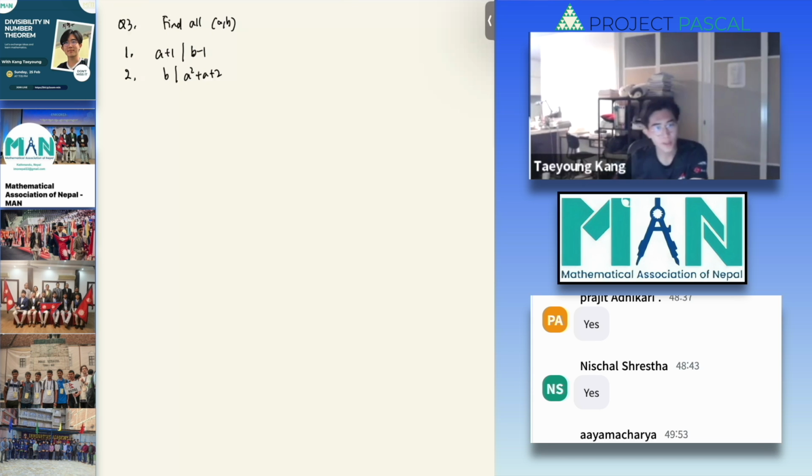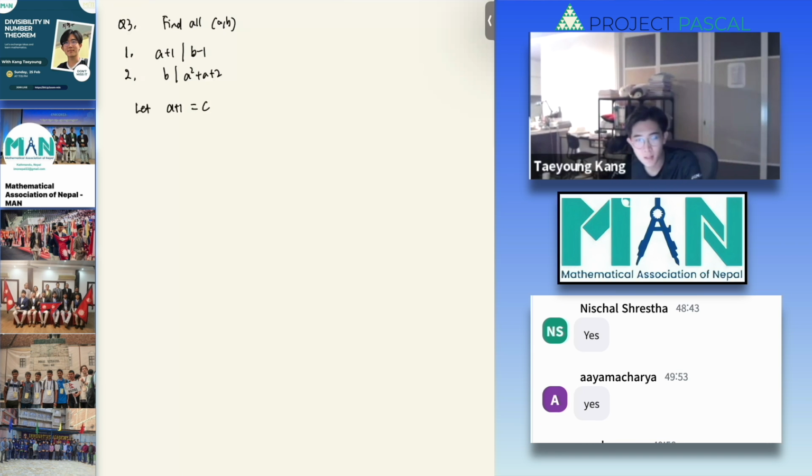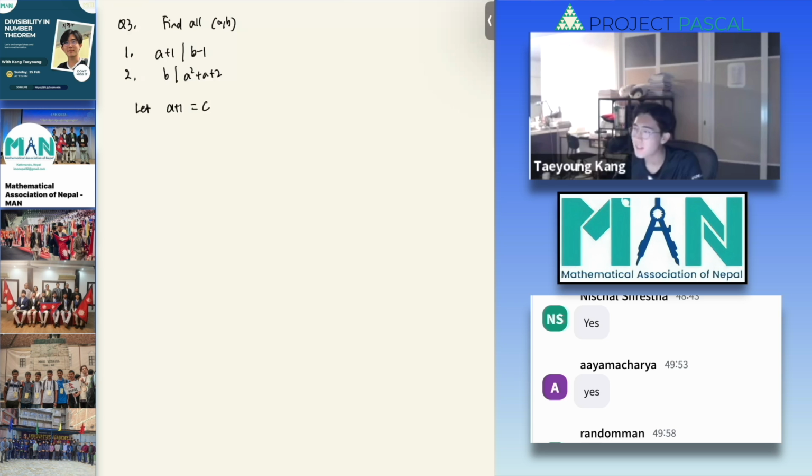But before we start doing that, one thing that we might want to do is letting A plus 1 be C. You don't really have to do it, but it's easier to work with and manipulate, because you want the divisor on the left hand side to be some nice expression.